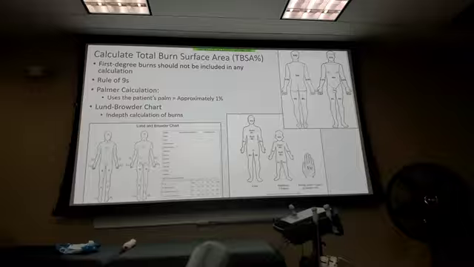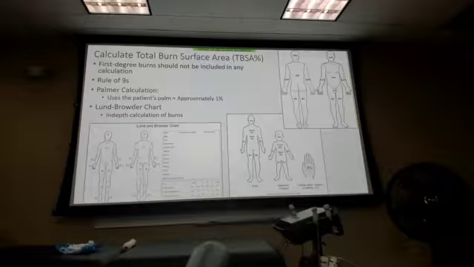Okay, we have three main things: rule of nines, our palmar calculations, which is using the palm of the patient's hand, which is approximately 1%, and then we have the Lund-Browder chart. When we initially do burns, we normally do the 9% rule, or rule of nines. When we're actually in a burn unit, we will use the Lund-Browder chart. It is way more in-depth.